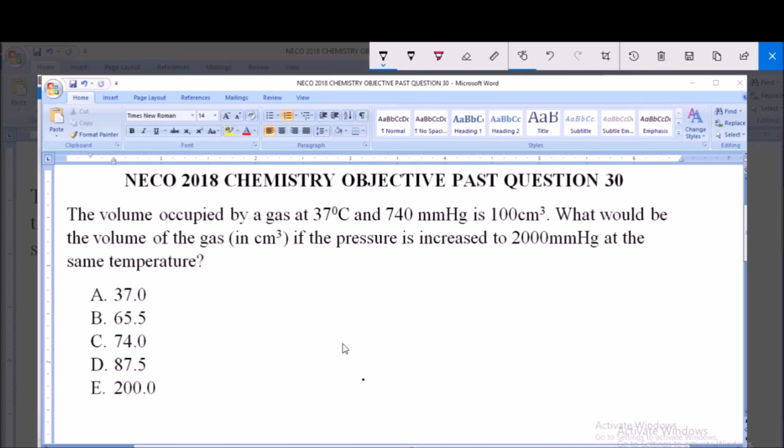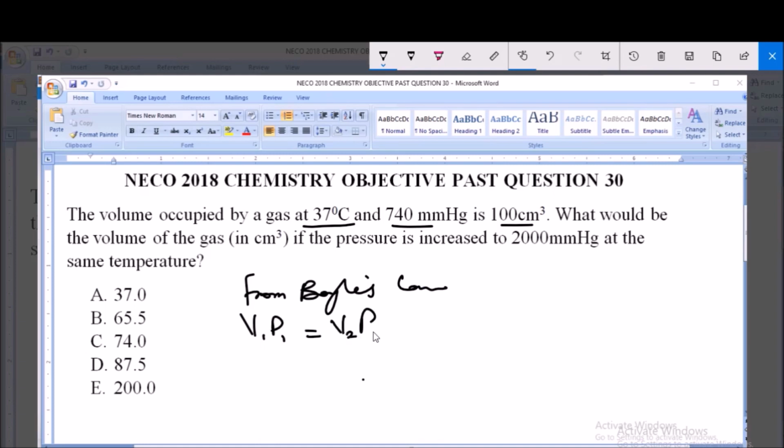Now it is stated clearly that the temperature is constant, and so the pressure and volume change. Now this is Boyle's law. So from Boyle's law we have that V1 P1 is equal to V2 P2. Now we're given V1 to be equal to 100 centimeter cube.